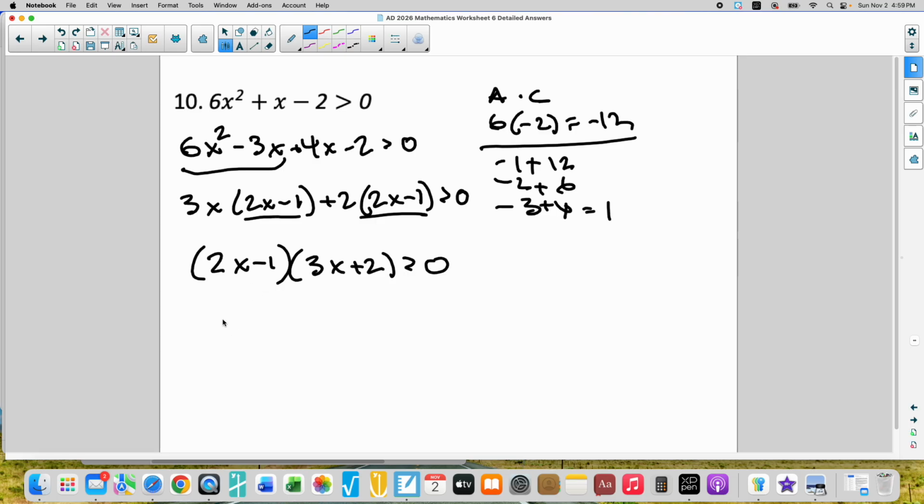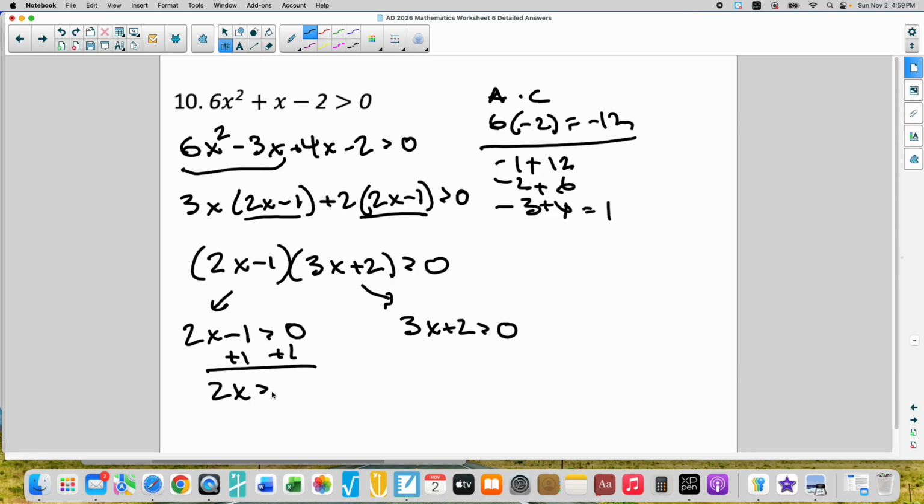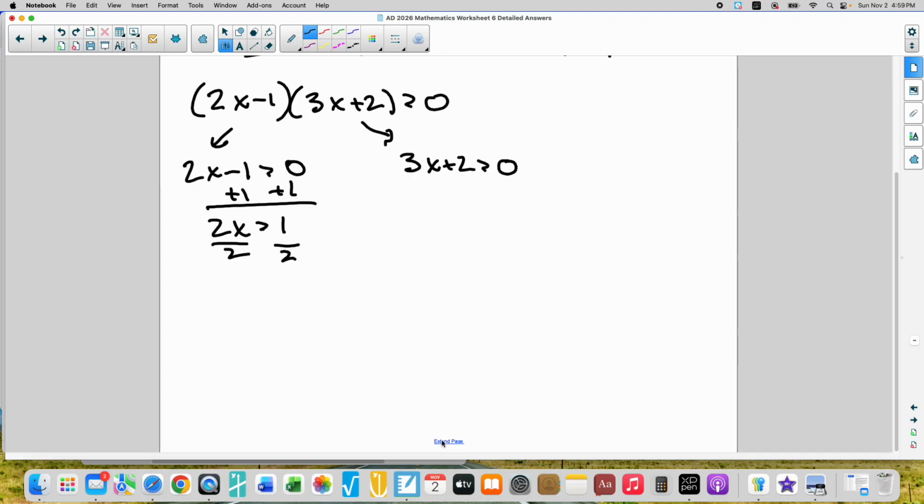Yeah, I think we still keep going. The same thing. 2x minus 1 is greater than 0. I don't know if this is going to be right. This is going to be interesting, but 3x plus 2 is greater than 0, because technically you can have both of those. We'll try it. We'll see what it produces. We'll test some solutions and see.